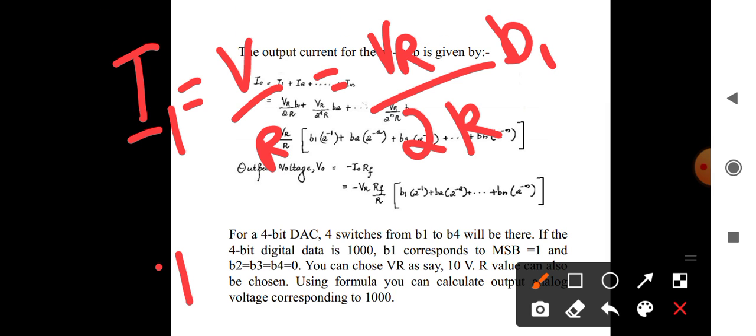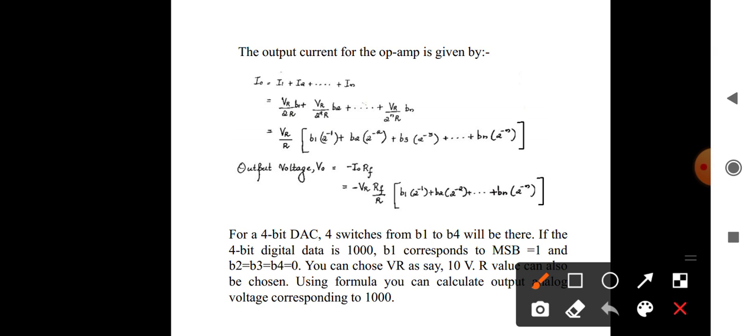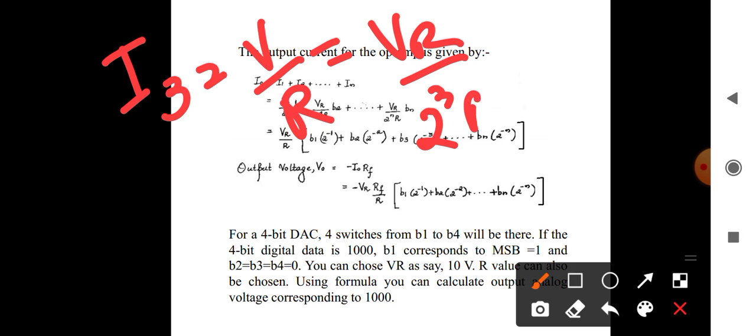So similarly, what is I2 here? I2 is equal to V by R, that is VR by 2 raised to 2 into R. It corresponds to B2. Similarly, we can have it for I3. So what is I3 here? I3 is equal to V by R, that is VR by 2 raised to 3 into R, into B3.